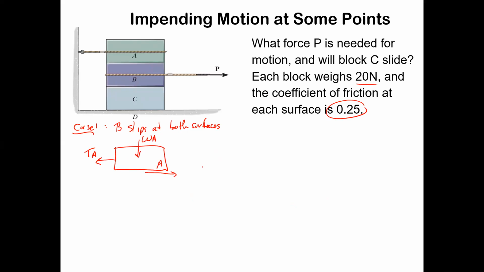Block A is not going to move, but it's feeling a pull because if we're tugging on block B, it's going to want to be moving away from the wall. Can you visualize that? And T_A is going to be a little tension in that rope, because the friction force is pulling that thing away.